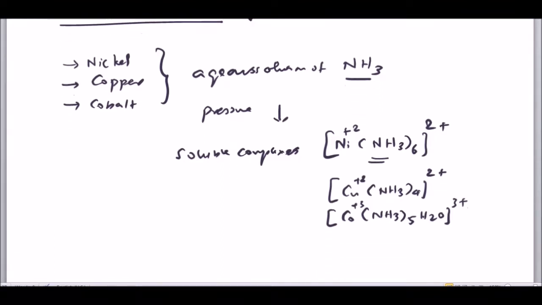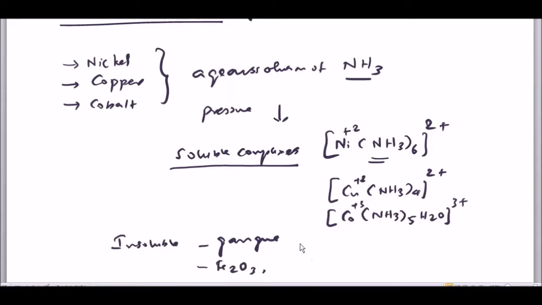The metal part gets dissolved in ammonia, and the insoluble part may have certain gangue which is not dissolved in ammonia, and we can have iron oxides like Fe2O3 and hydroxide like Fe(OH)2, something like that, and aluminum silicate.